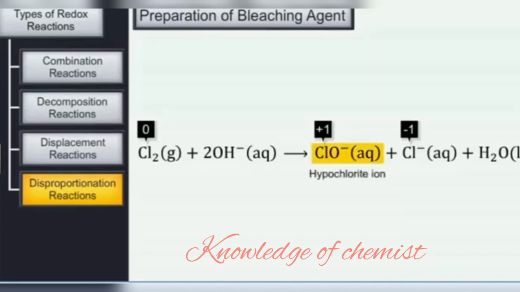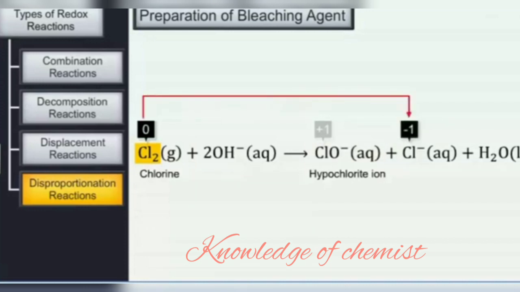In this reaction, hypochlorite ions, which show bleaching action, are formed by dissolving chlorine in alkali. Chlorine having oxidation state of 0 is reduced to -1 in chloride ions and oxidized to +1 in hypochlorite ions.